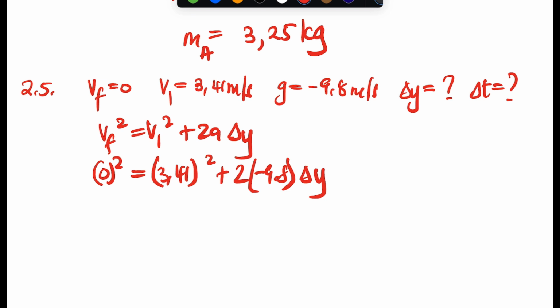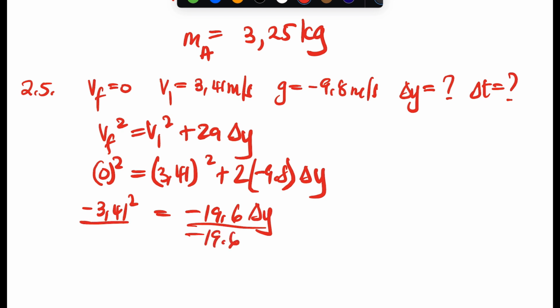So we get negative 3.41 squared equals negative 19.6 times change in y, and then we divide both sides by negative 19.6. If you punch that in the calculator, you get a displacement of 0.59 meters, right?